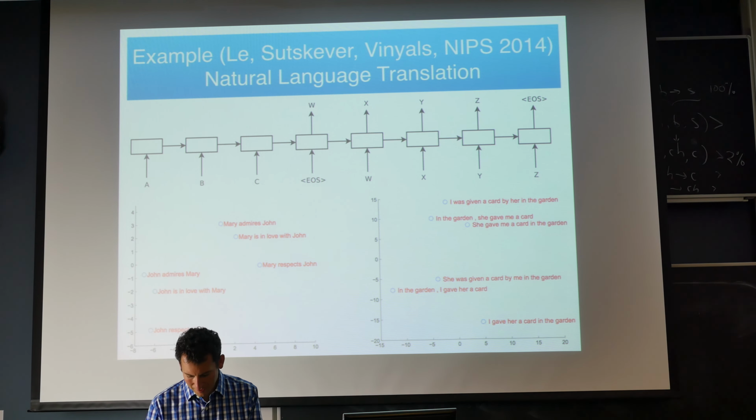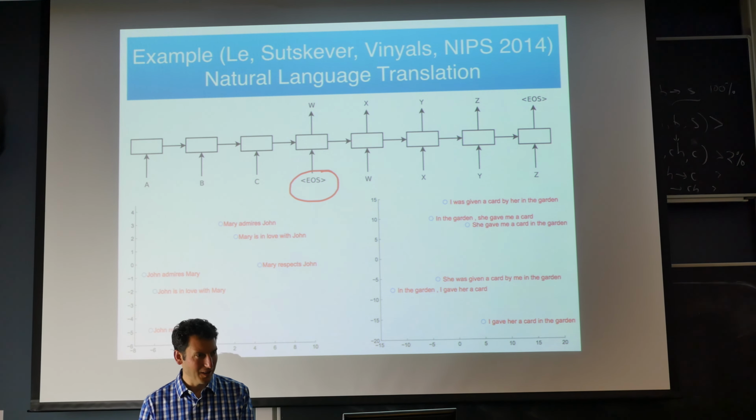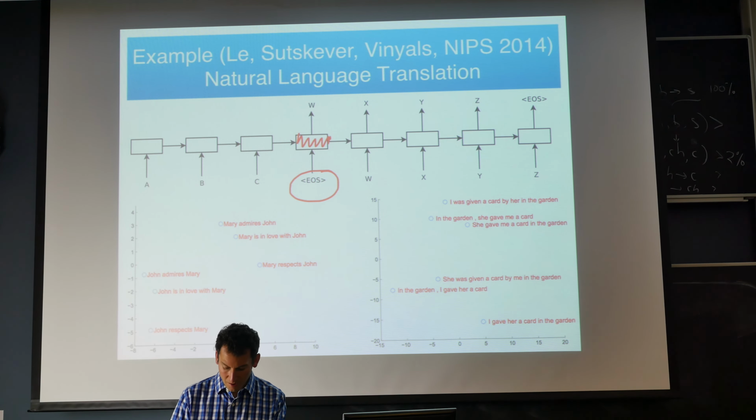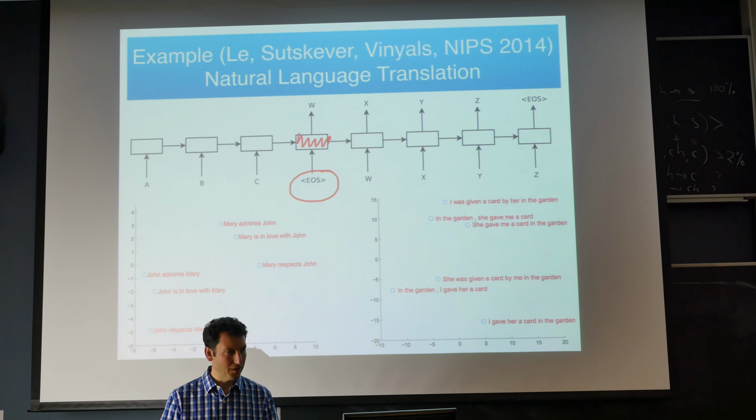So the fun thing is you basically need to input the sequence, and then you need to input an end symbol to tell the network that now please start emitting things. And what it does is basically at this time here, this model actually has a fairly good representation of what you fed into the model learned as its representation. And so what they then did is they just ran PCA on a couple of related sentences and they plotted them.